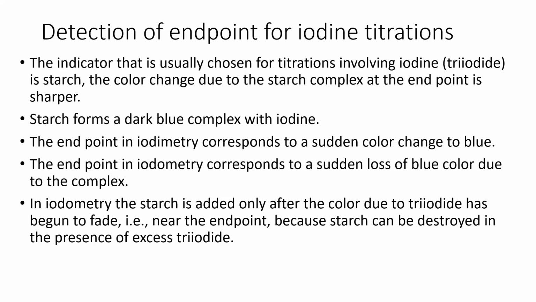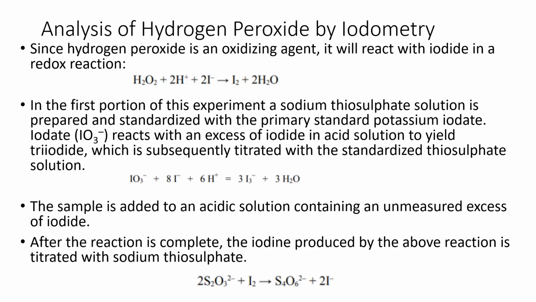Remember, for iodometry, we use an excess of iodide or triiodide at the beginning of the titration, but you don't add your starch. After you have titrated and you get a pale straw color, then you add your starch and you now get your endpoint.